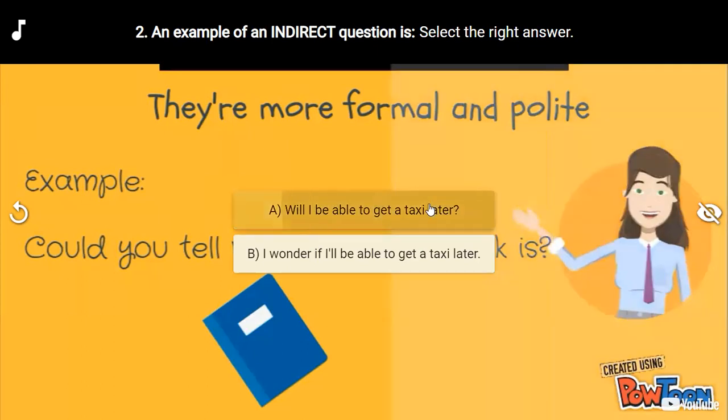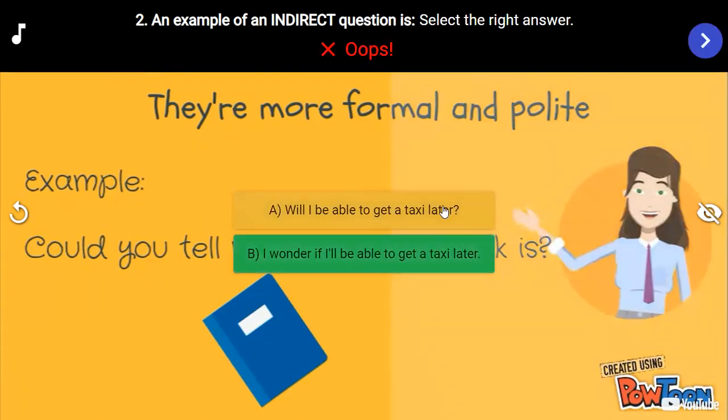No, I wonder if I'll be able to get a taxi later, because usually it won't have a question mark, right?